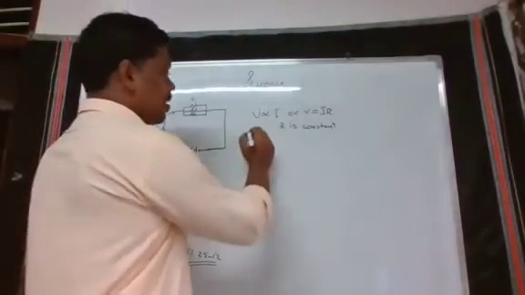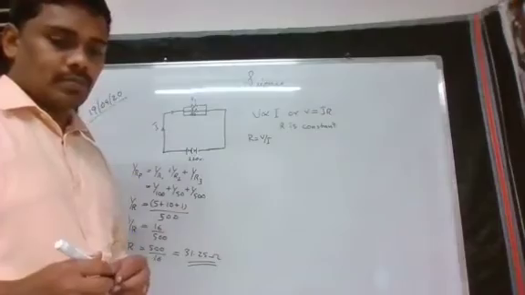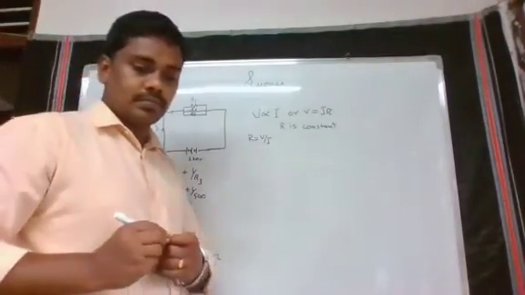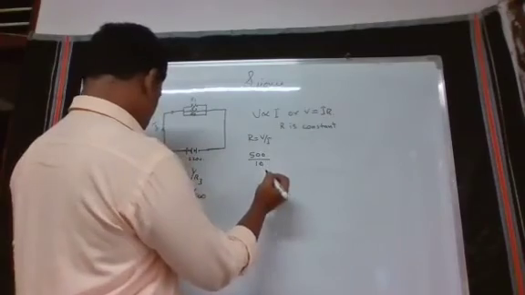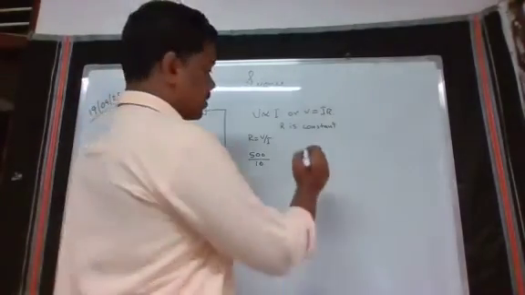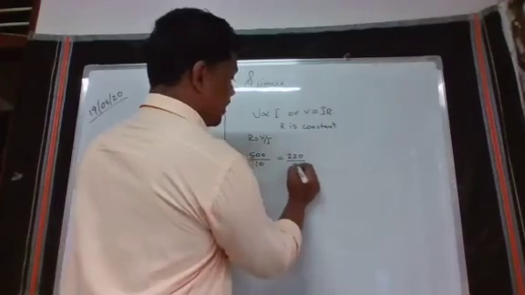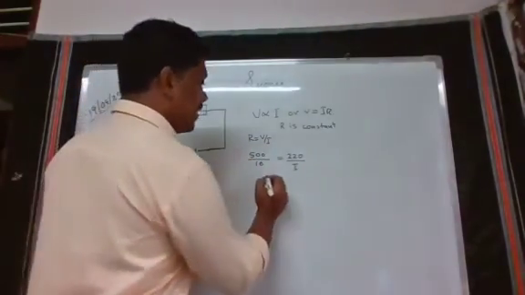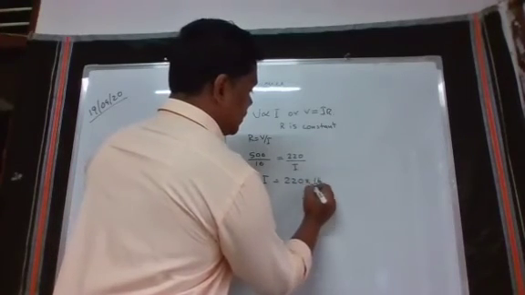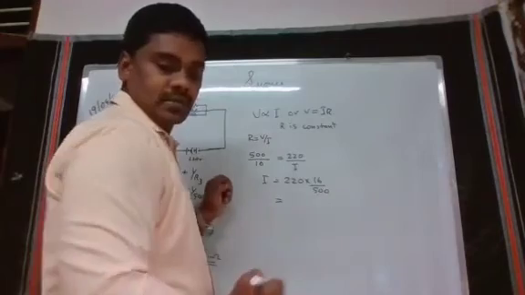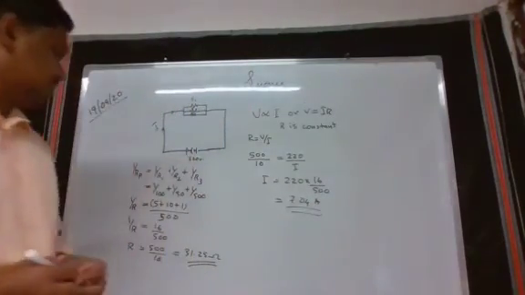R is equal to V by I. What is the value of R? 500 by 16 is equal to 220 by I. We want to find I. I is equal to 220 into 16 by 500, that is 7.04 ampere.